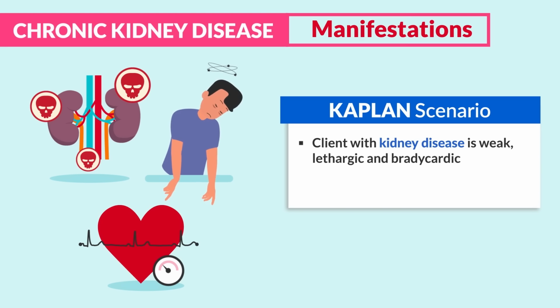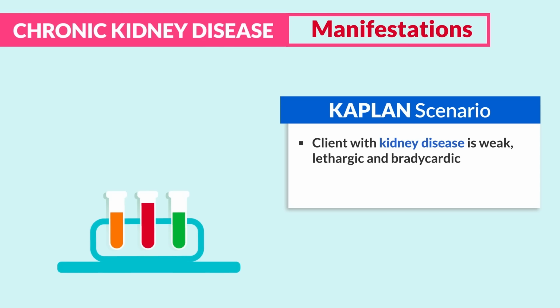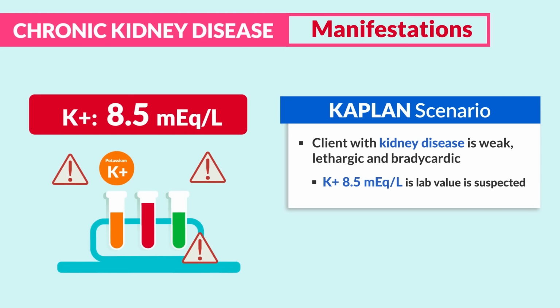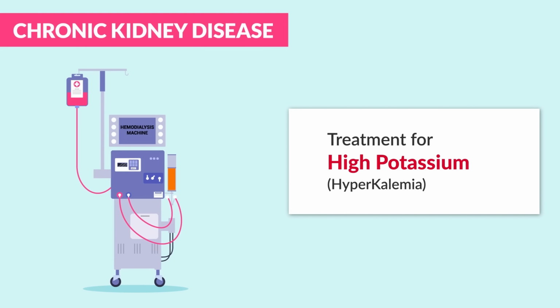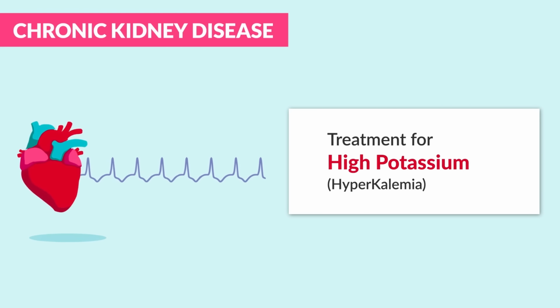So the key term here is kidney disease, that is weak, lethargic, and bradycardic, that low heart rate. So you have to automatically prioritize and think about potassium here. So potassium 8.5 is the lab value to be suspected. Now, in terms of treatments, the long-term solution is to wash the blood with dialysis, but this can take some time to set up.